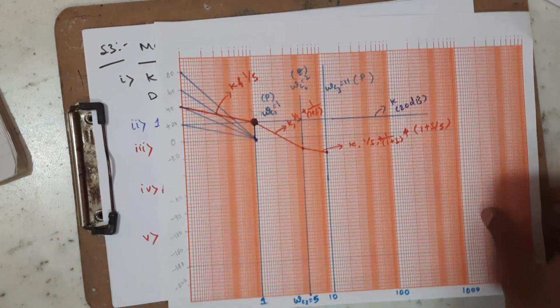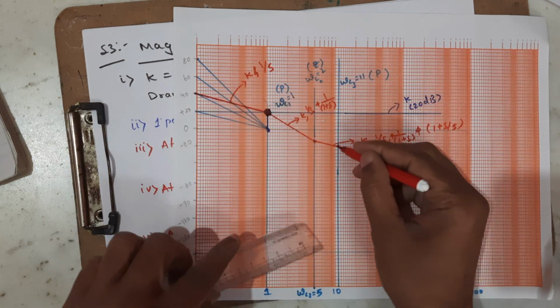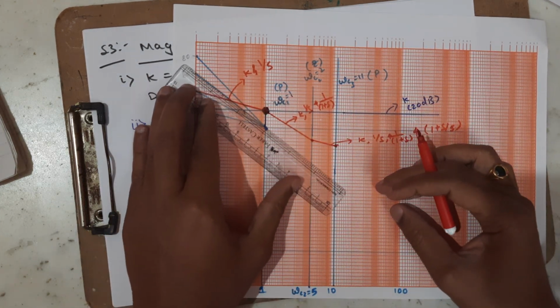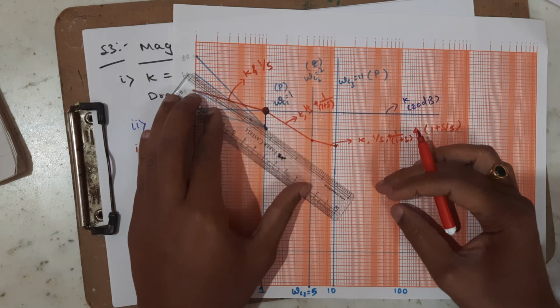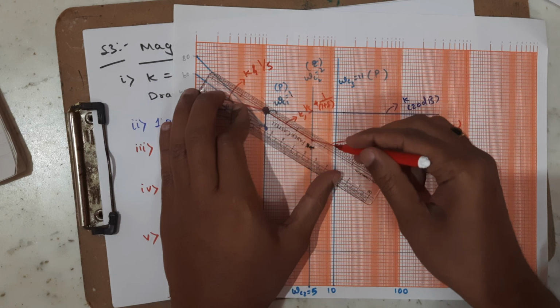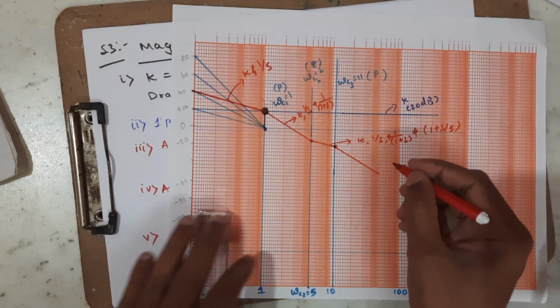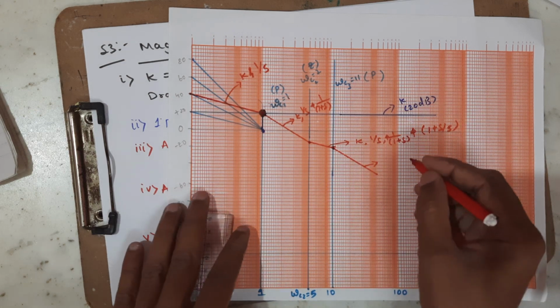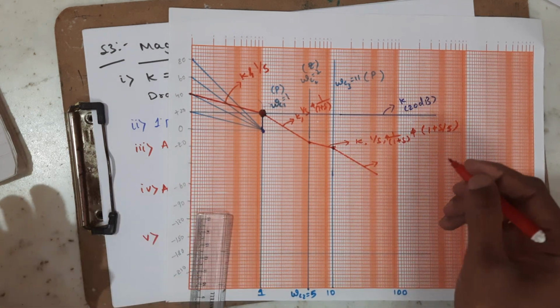So I am going to draw a line from this point with a slope of minus 60.